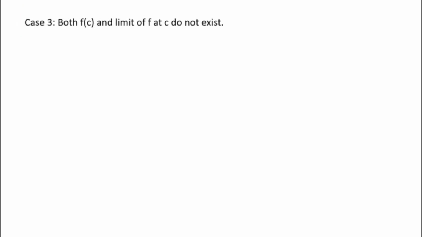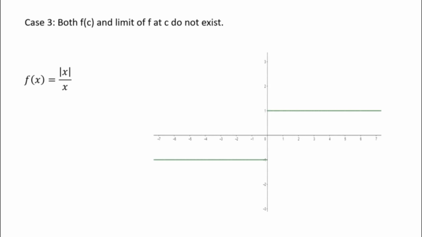Case 3. Now let us look at the case where both f of c and the limit of f at c do not exist. Again, this was the function we considered before, and we found that it has no limit at x equals 0. And this is evident when you look at the graph. They are not meeting.